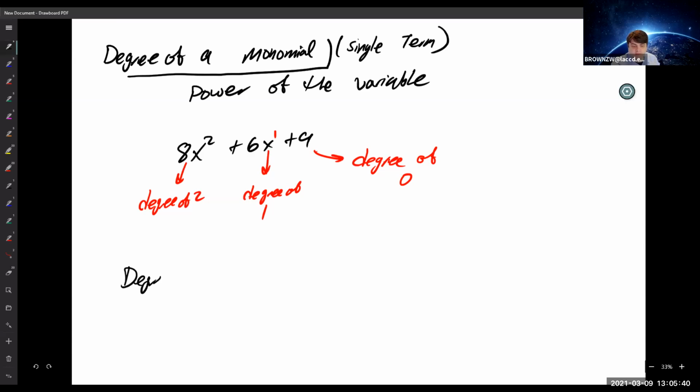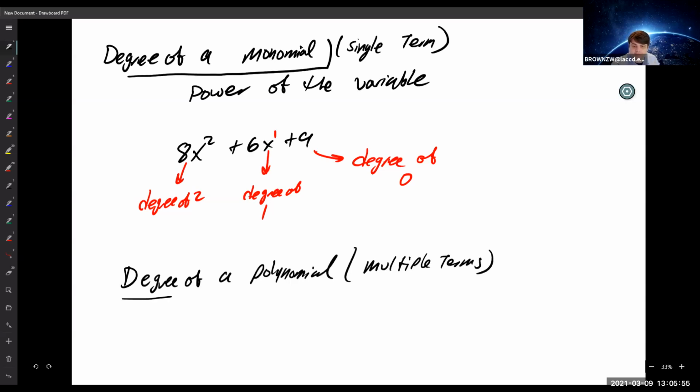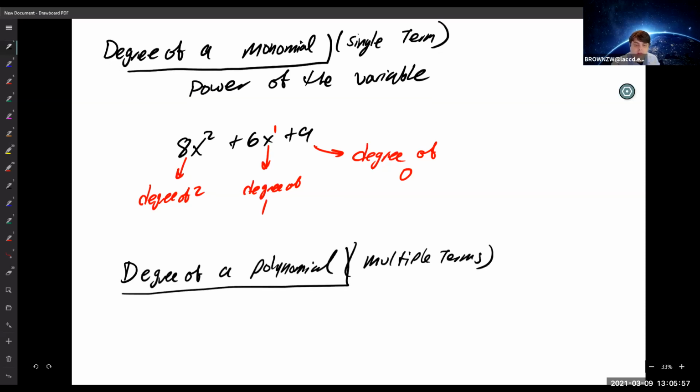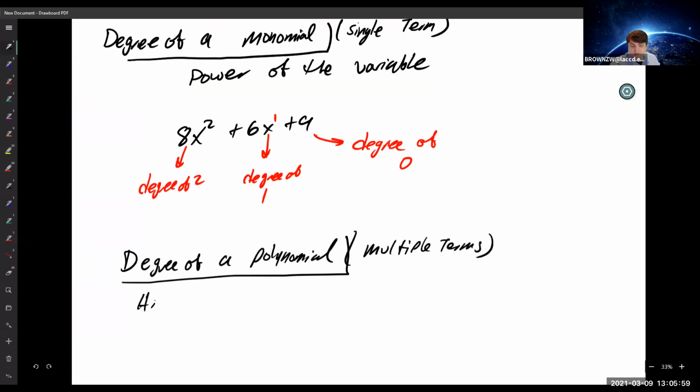Now let's talk about the degree of a polynomial. Polynomial just means multiple. The degree of a polynomial is the highest power in a set of terms.